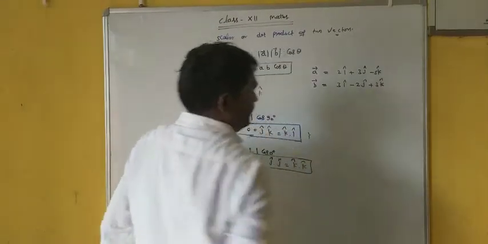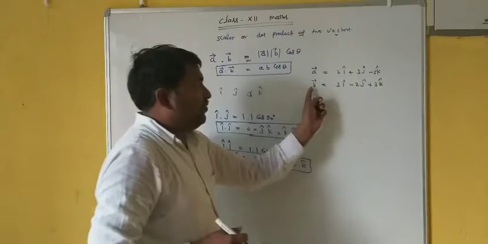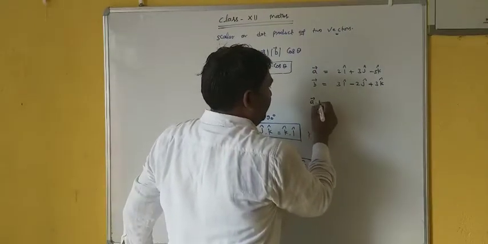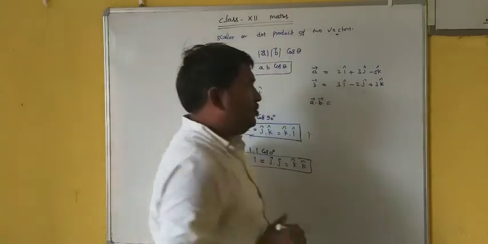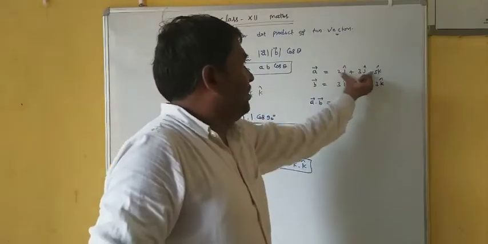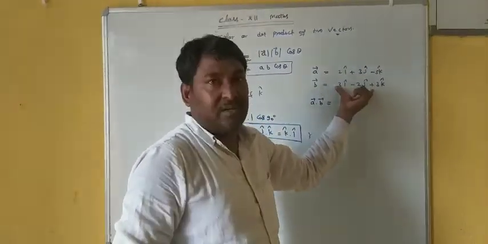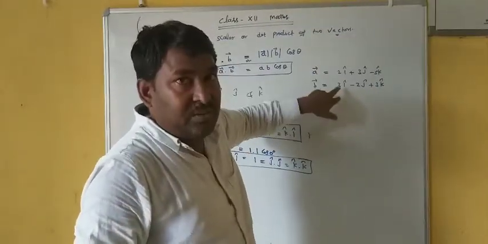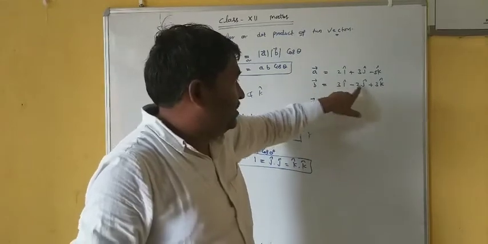If you have to find the dot product between these two vectors, A dot B will be equal to, see, you will take 2i cap and do the dot product with each term of B.